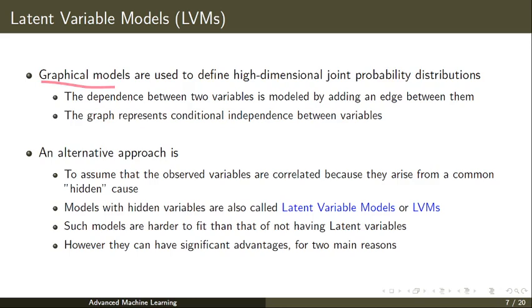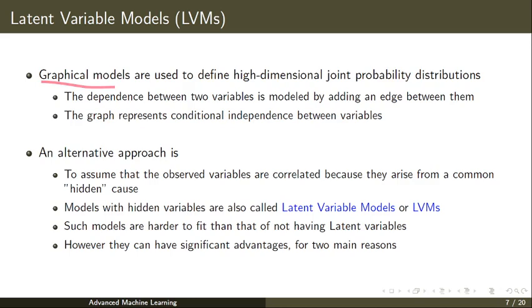So a graph represents conditional independence. We will be talking about graphical models in the third module. So this is an alternative approach to graphical models. We can use latent variable models. This will be clear when we talk about graphical models.